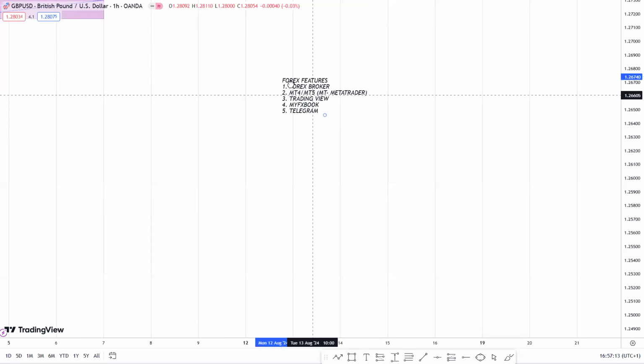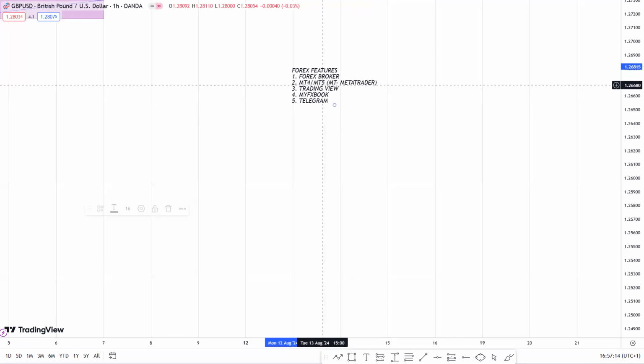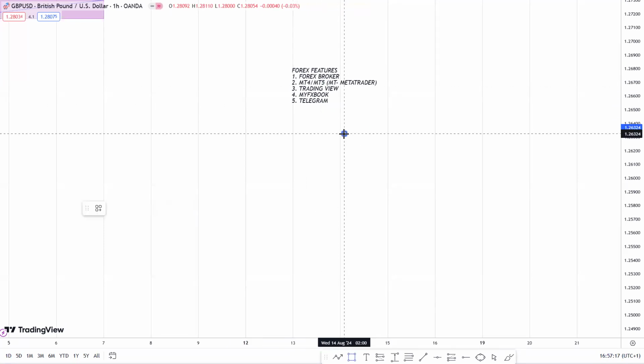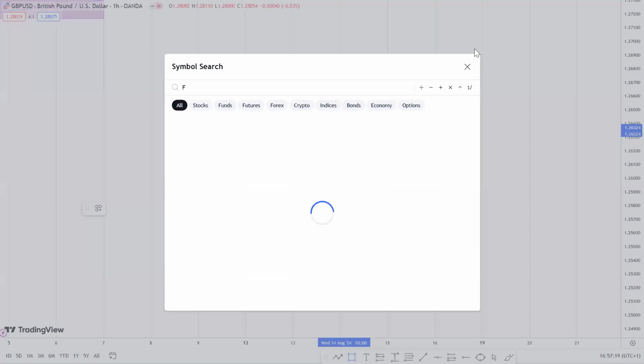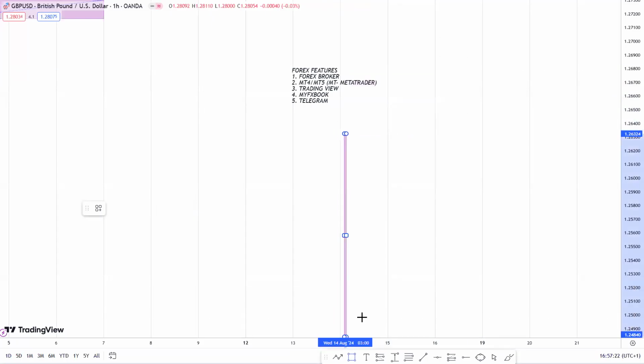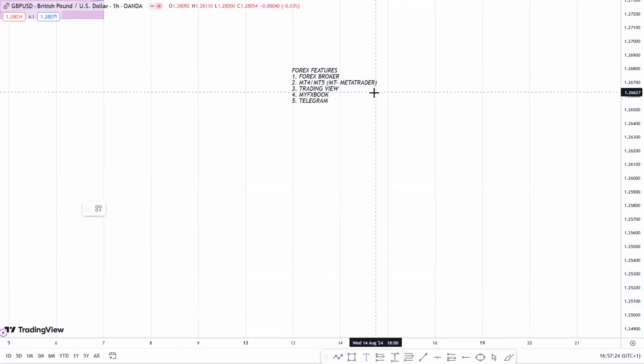So now let's begin. We are going to be starting today with the forex features. The first one we're going to be talking about is the forex broker. So what is the forex broker? A forex broker is a financial service firm that offers clients the ability to trade foreign currencies.